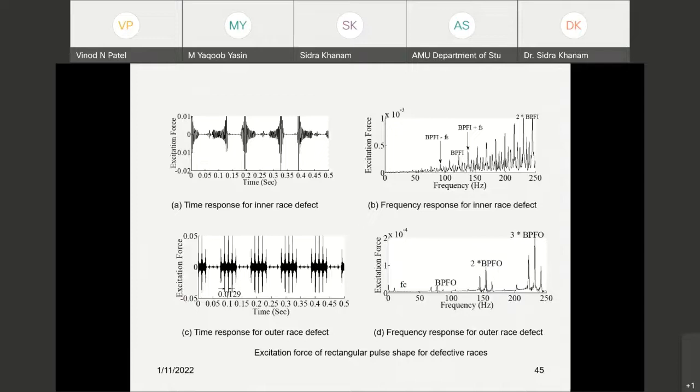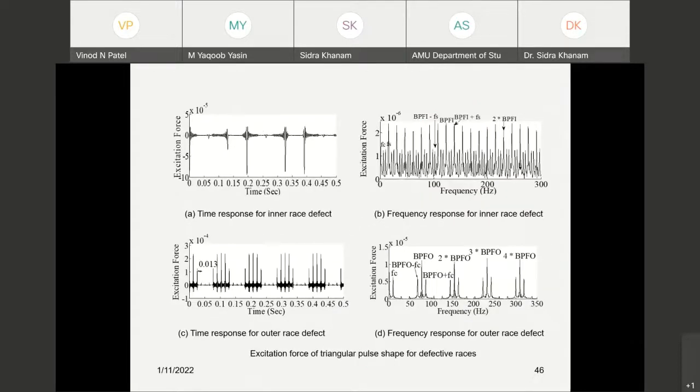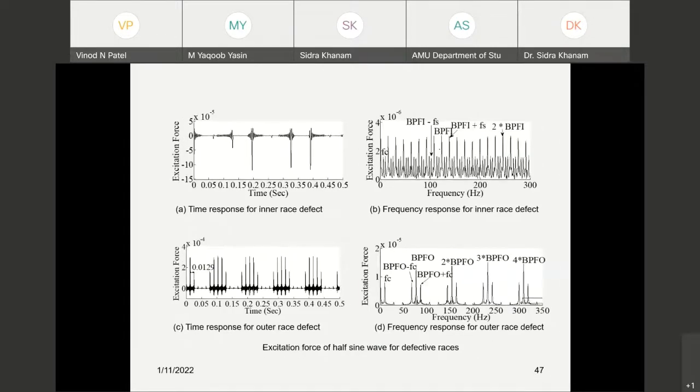Here, if we consider that the pulse shape is rectangular, with forces acting over there, then this kind of frequency response is available, but these things are not that clear. If we use the triangular shape, it becomes better, and it becomes best in the case of the half sinusoid wave. If you consider the half sine wave as a force function, we will get better results in dynamic modeling.